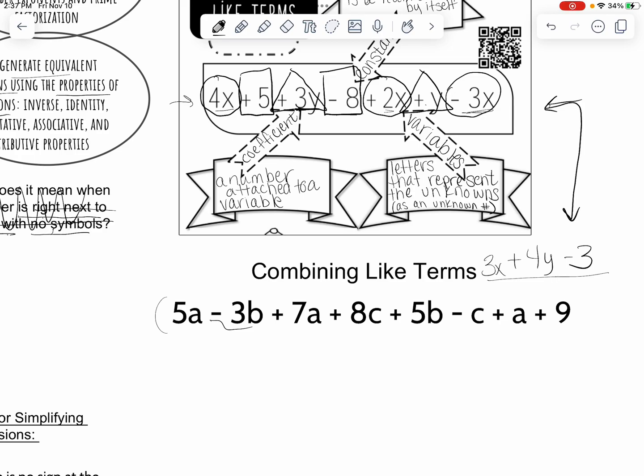So 5A would be positive. So put a circle around everything with an A. So that would be plus 7A plus A. Now go and put a triangle around everything with a B. So minus 3B. Don't forget the operation with it. And that would be 5B. Okay, so now do your rectangle with a C.